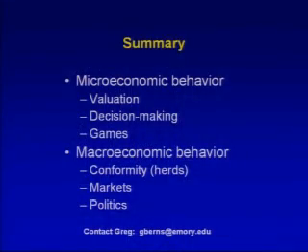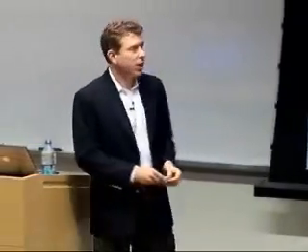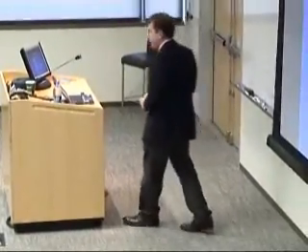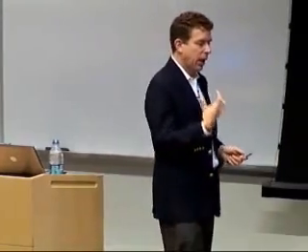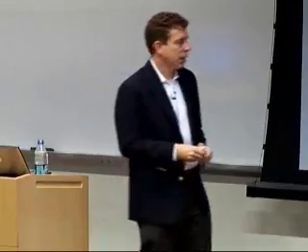So just to summarize what I just talked about, and I want to leave time for questions to talk about Iconoclast. I talked about microeconomic behavior and a little bit about macroeconomic behavior and conformity. I think these things are beginning to have real implications and applications not only in markets but also in politics as well. Understanding how individuals process information is critical to understanding what's going on in finance right now.